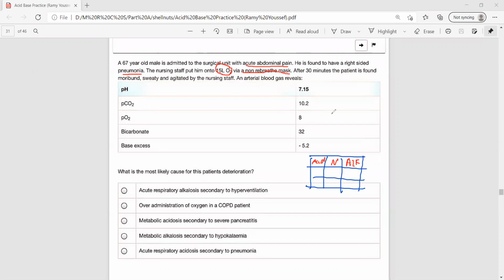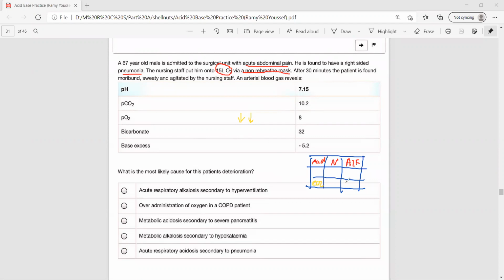Let's go for the ABG. CO2 is acidotic. O2 is low, hypoxemia.